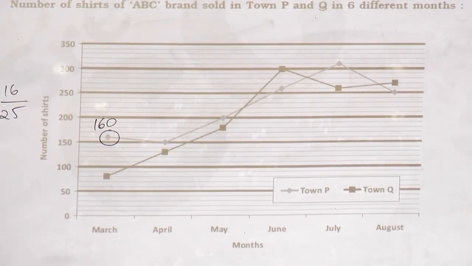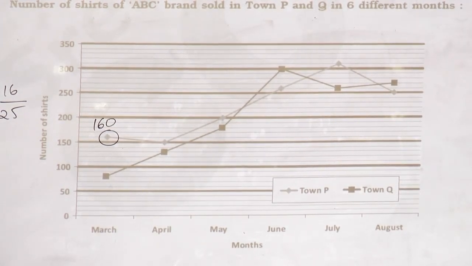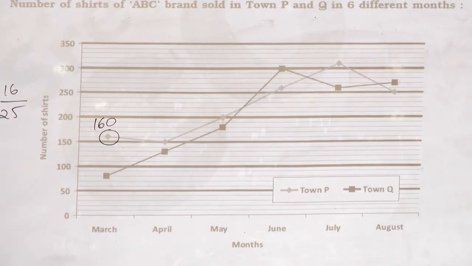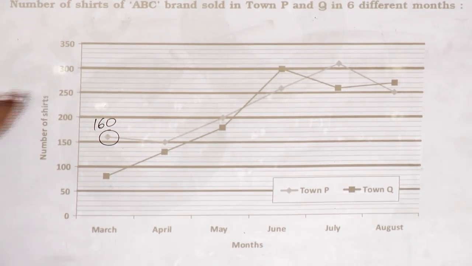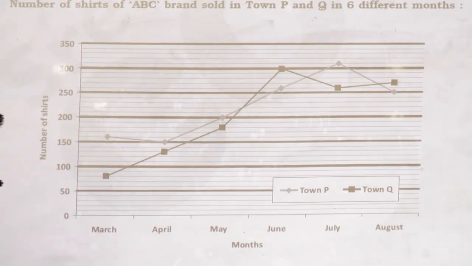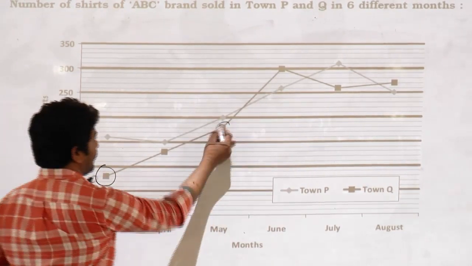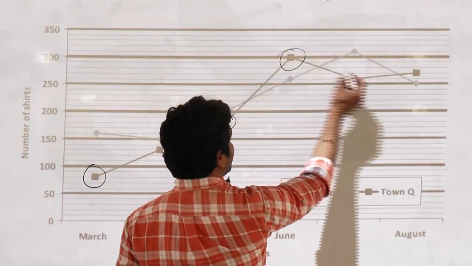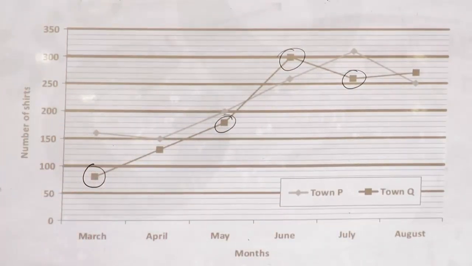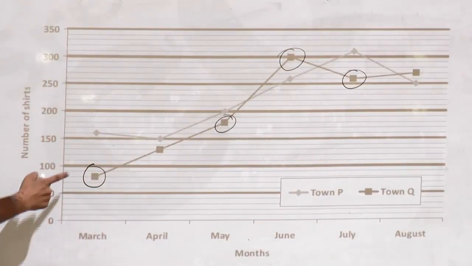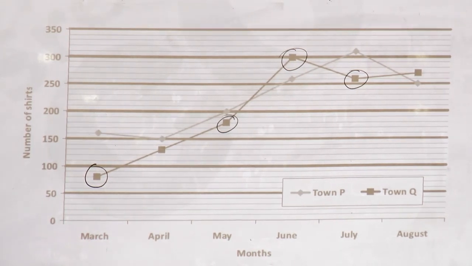What is the average number of shirts sold in town Q in March, May, June and July? Q in March, May, June, July. Right. So let me write numbers here. 80, 180, 300, 260.